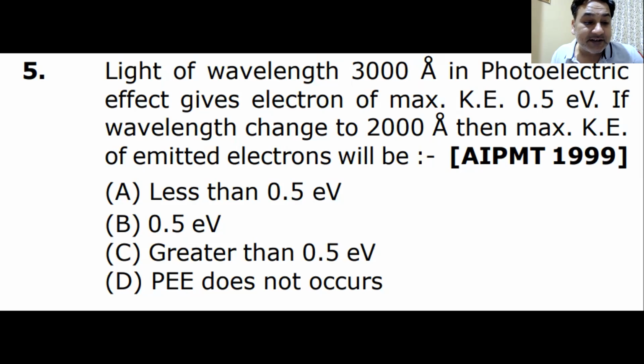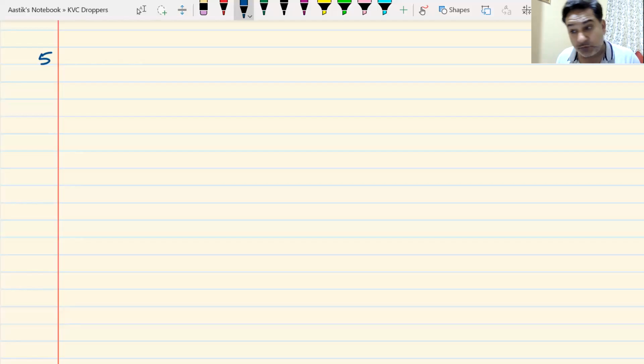So how do we do it, sir? The first wavelength that is given to me, and again, I'm doing it in great detail. If you do it in such detail, you will not be able to solve this question in the examination hall, because in the examination hall you have to do 45 questions in 60 minutes.